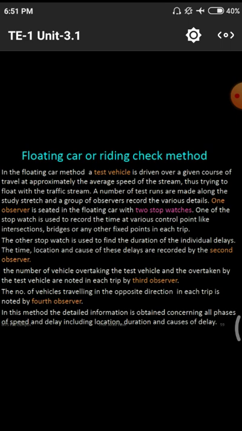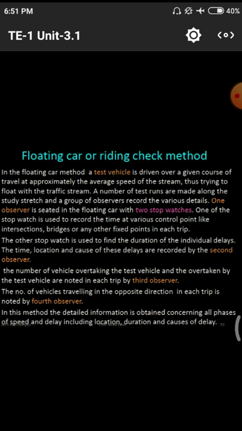Okay, that means the total floating car or riding check method, once again I will explain. In the floating car or riding check method, normally as per our theory basis, 4 persons are there. Of those 4 persons, one person is allocated for riding the particular vehicle.